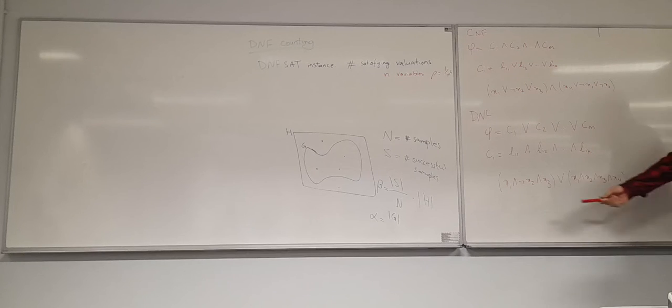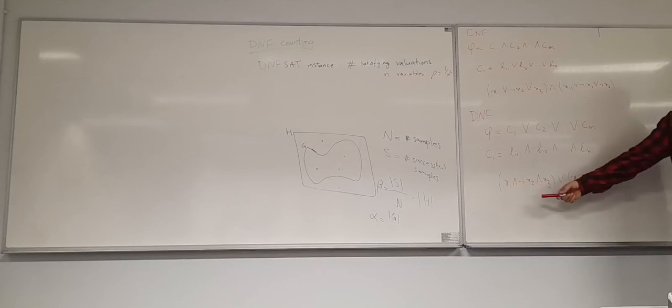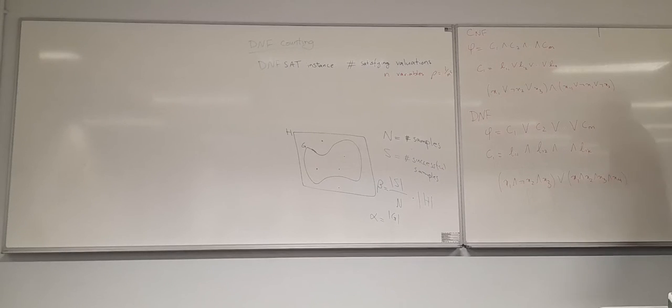Consider this simple case where we have two different clauses. If a valuation satisfies my formula, then it has to satisfy one of these two clauses, right? So I can just take the set of all the valuations that satisfy at least one of these two clauses.